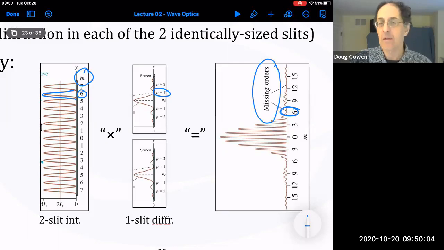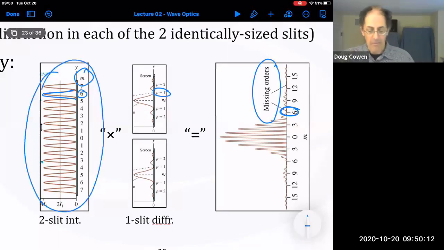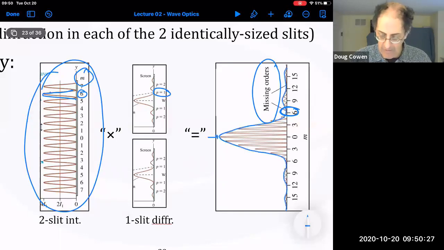And in fact, you can see the diffraction pattern is producing this envelope. So instead of having this nice uniform intensity pattern all the way across the screen, you have this pattern here where the only place that it's at the maximum is right here at the center.